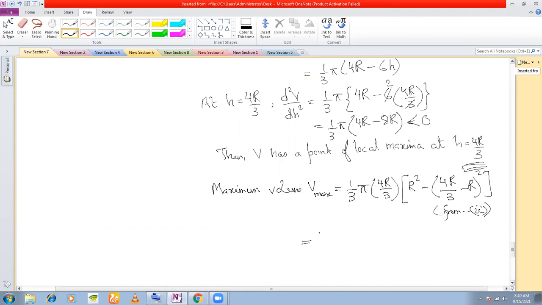Now simplify this, you get 4 pi r by 9 into r square. Now you expand this, or you can simplify this and then expand. Minus, 4r minus 3r will give you r by 3, right?